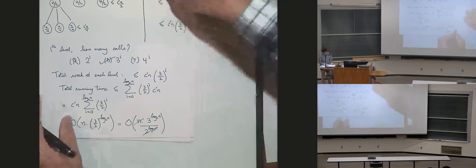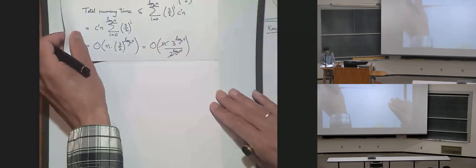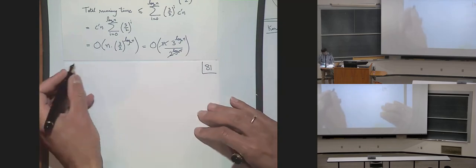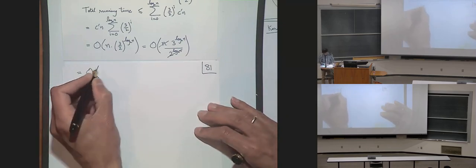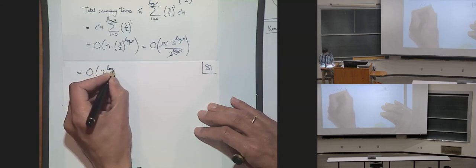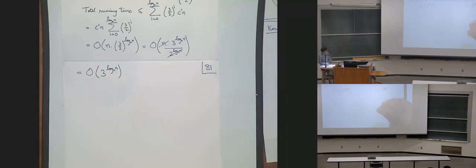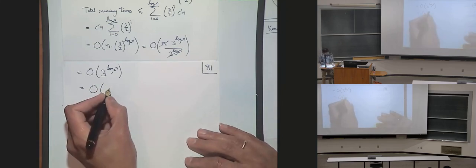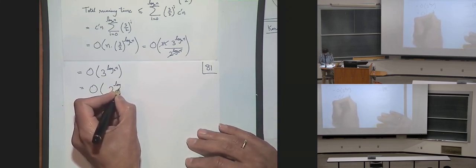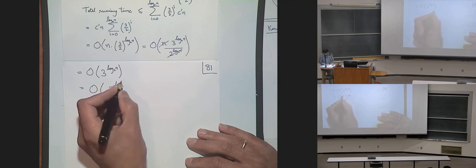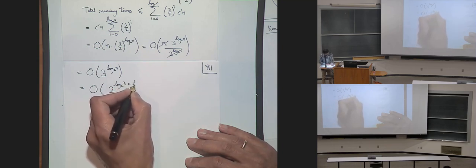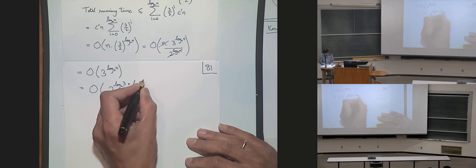So what you get is, I wish I could have written this in one page, but anyway. So you get that the total runtime is O of 3 to the log base 2 of n, which, if you do some manipulations with the logs, you can write as 2 to the log base 2 of 3 times log base 2 of n.